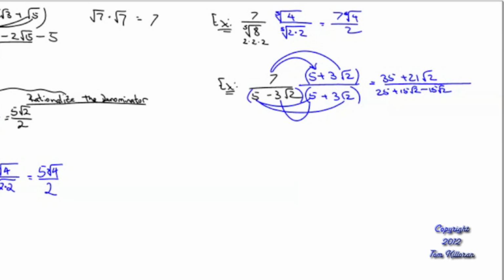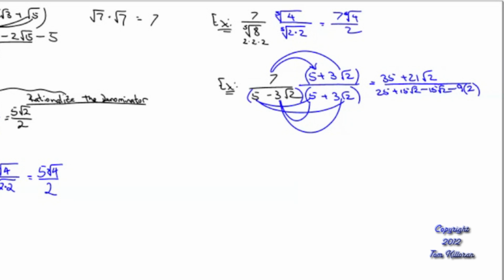And then finally, it's negative 3 times positive 3, which is negative 9. Negative 9 square roots of 2 times square roots of 2, which is 2. Just plain old 2. A square root times the square root of itself is just itself.